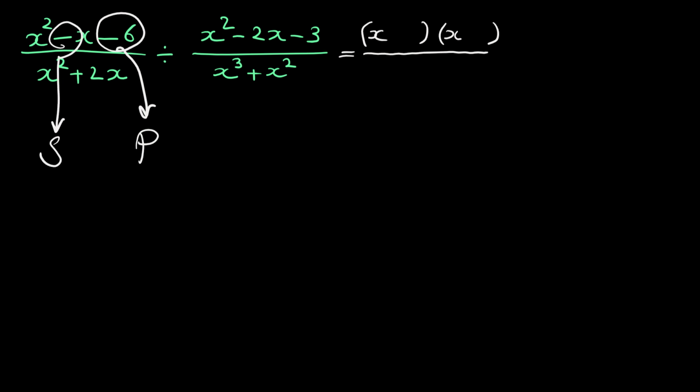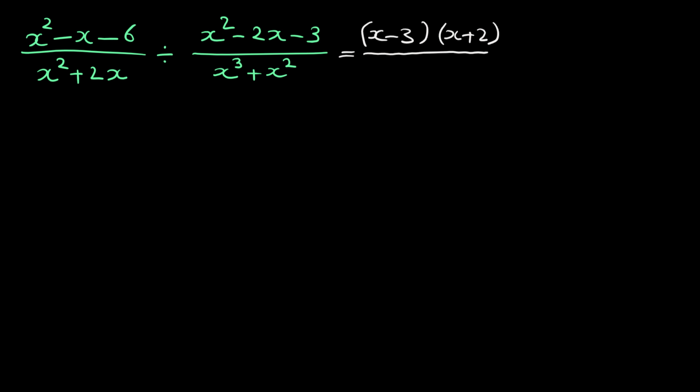The numbers can be negative 1 times 6, negative 2 times 3, or negative 3 times 2. If you pay attention, negative 3 times 2 is negative 6, and negative 3 plus 2 is negative 1. So the numbers that we are looking for are negative 3 and plus 2. X minus 3, x plus 2.